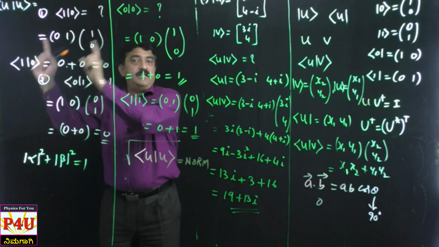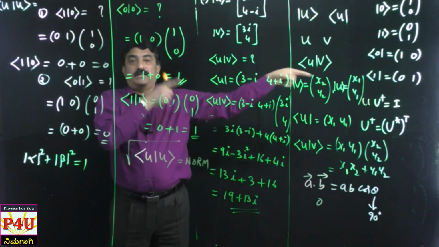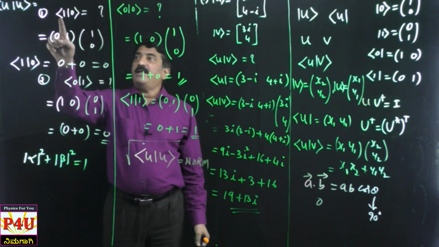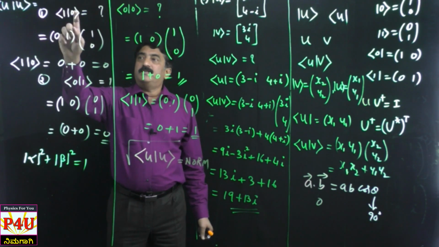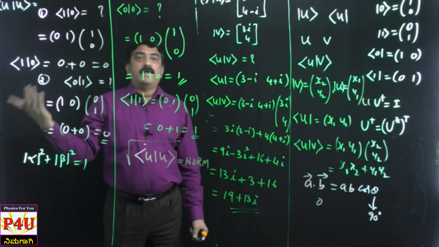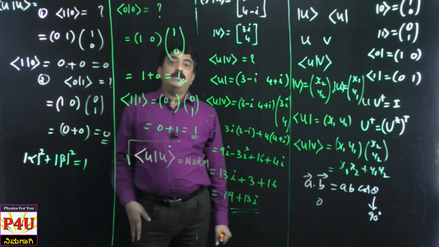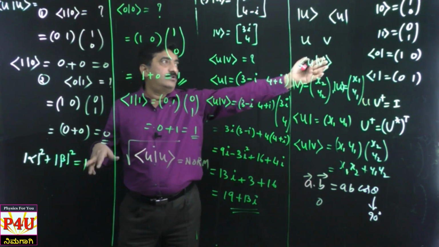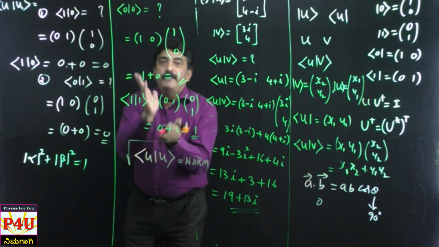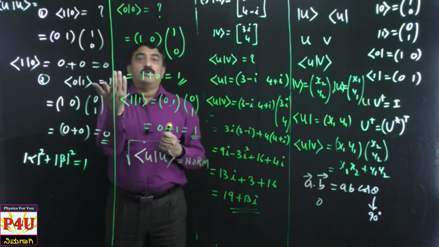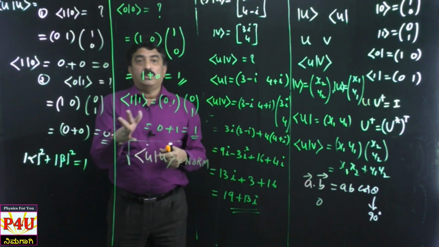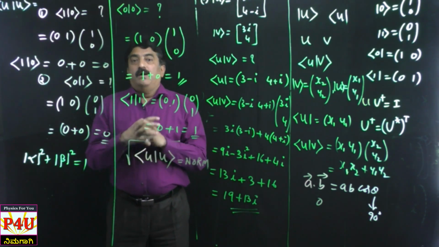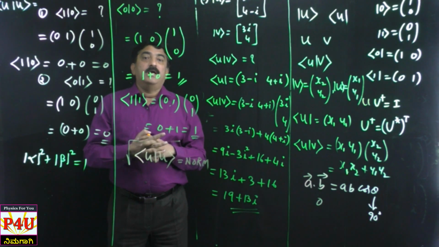I started with the inner product, and finally I came down to bra 0, ket 0, bra 1 and ket 1. The qubit states I selected, ket 0 and ket 1, are perpendicular to each other, orthogonal to each other, and normalized also. So they are called orthonormal vectors or orthonormal states.